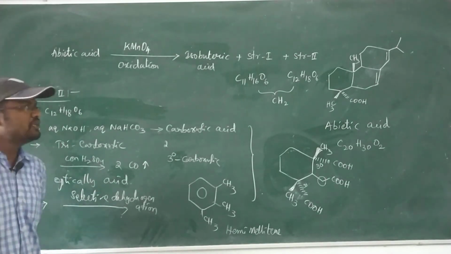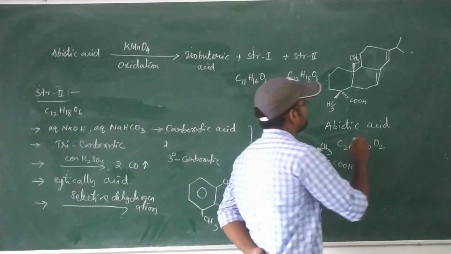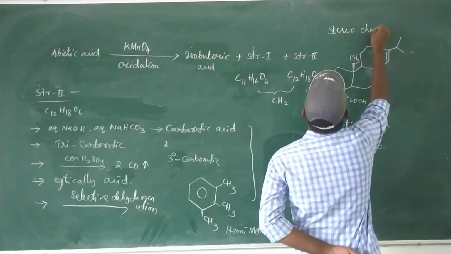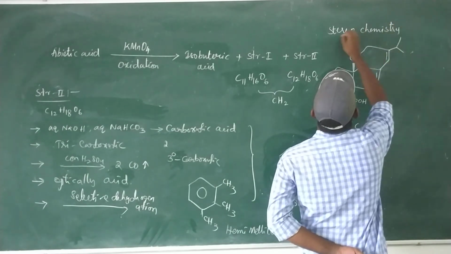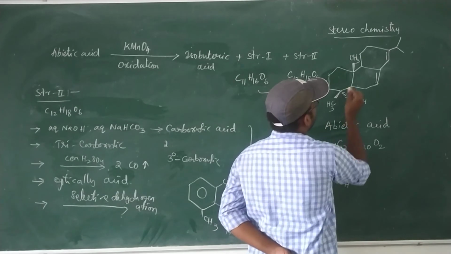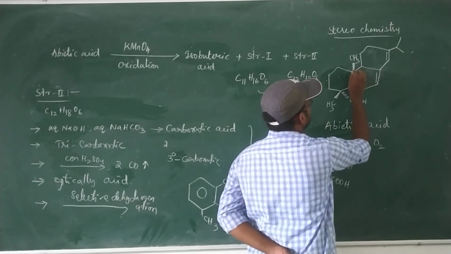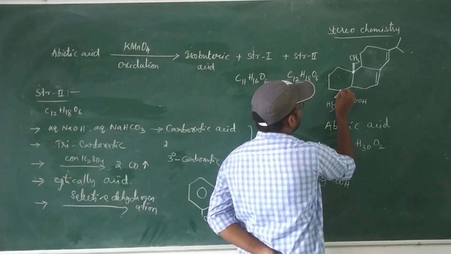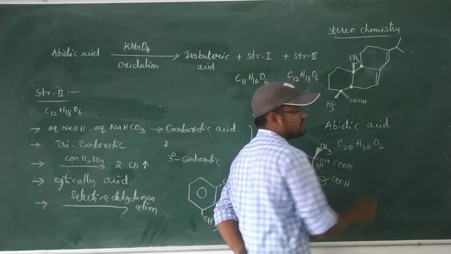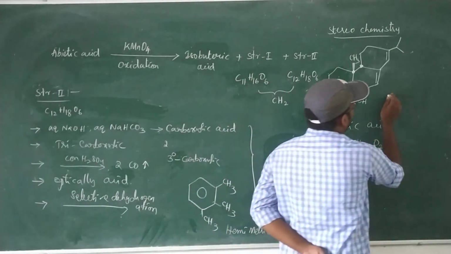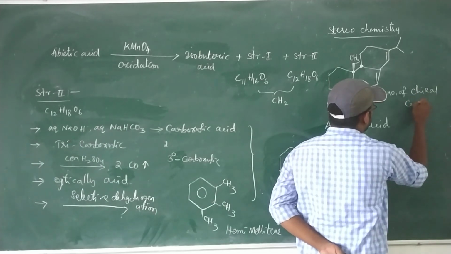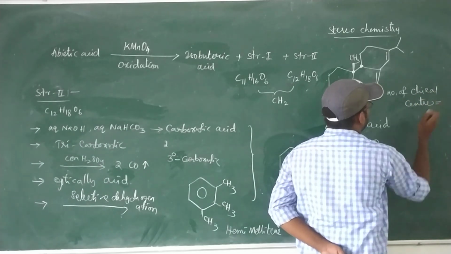Next let's see the stereochemistry of abietic acid. Abietic acid has 4 chiral centers: the first chiral center, second, third, and also a fourth chiral center. So the number of chiral centers, or asymmetric carbons, is equal to 4.